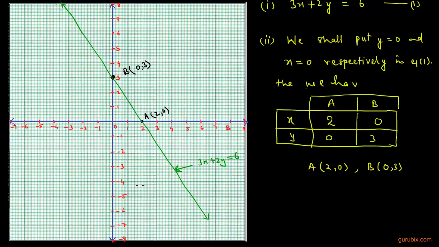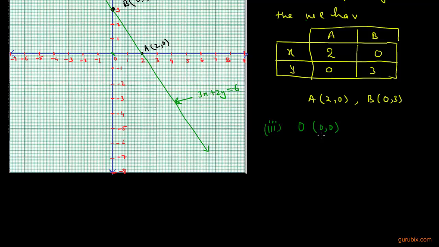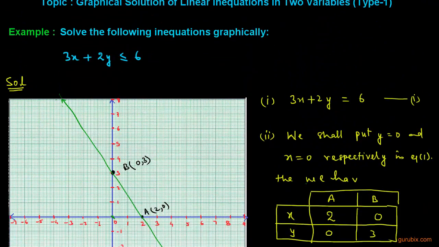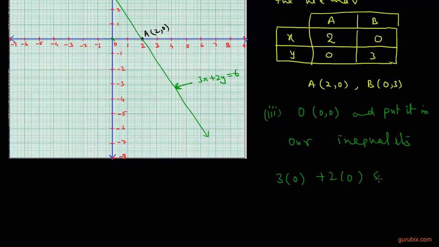To determine the region represented by the given inequality, we take a point, this origin, and in step 3 we shall take the point (0, 0). Then 0 ≤ 6, and we observe that this is true.